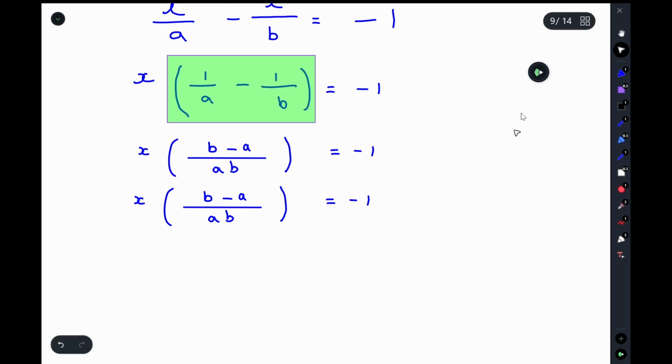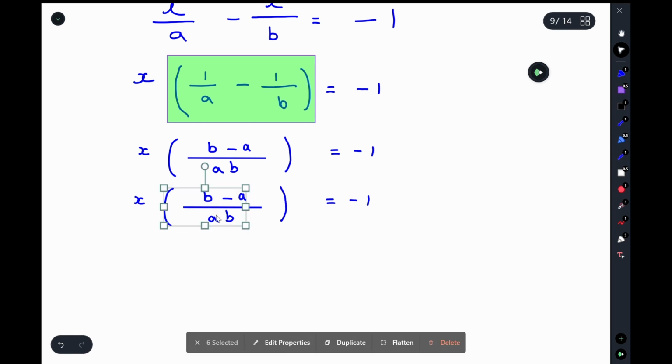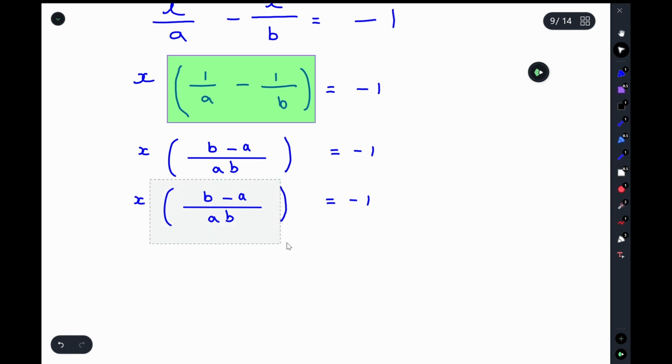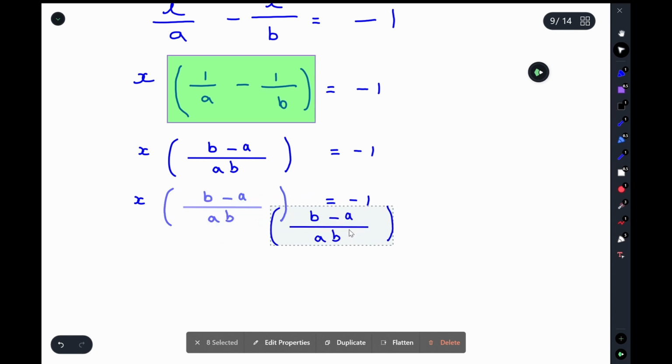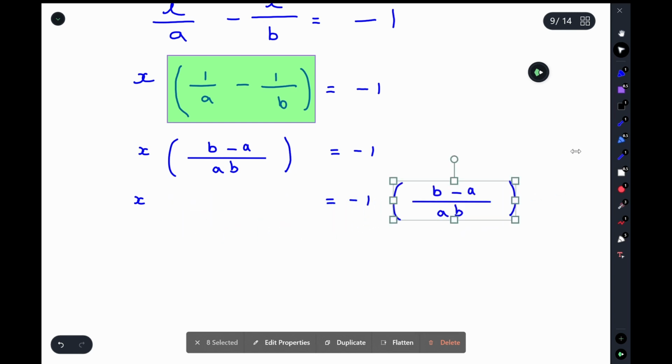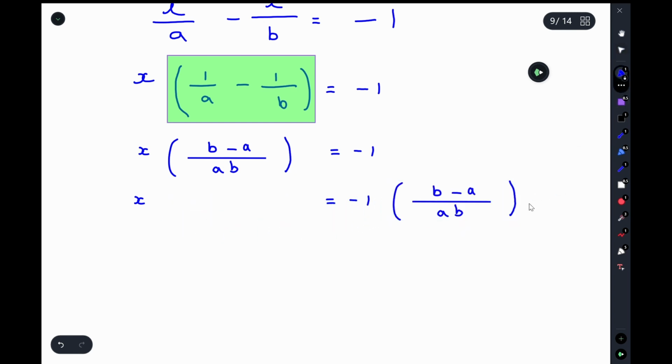Now we're going to move the fraction to the right hand side because it does not contain our term in x. This is x multiplied by all of this. And we're going to move this to the other side. So now when we move it here, it becomes divide. So it becomes negative 1 divided by b minus a divided by ab.